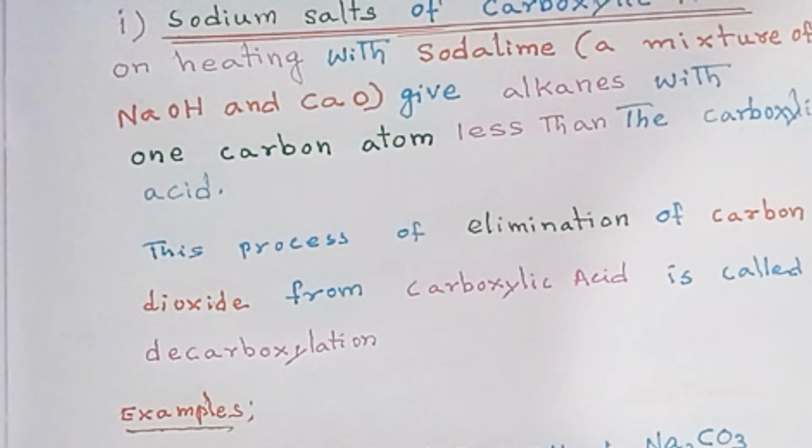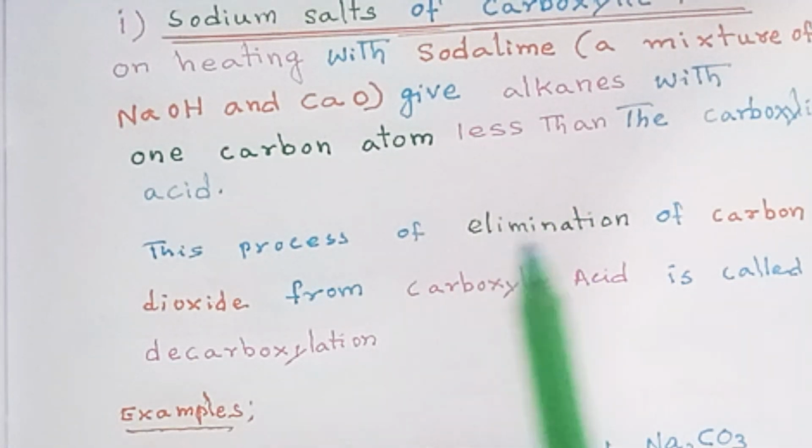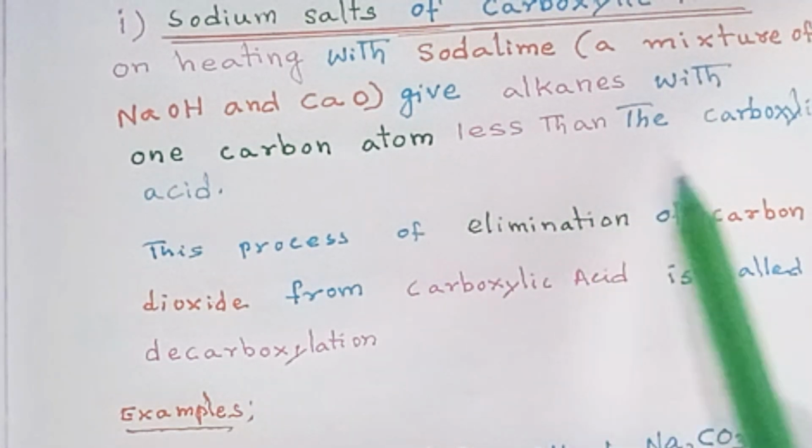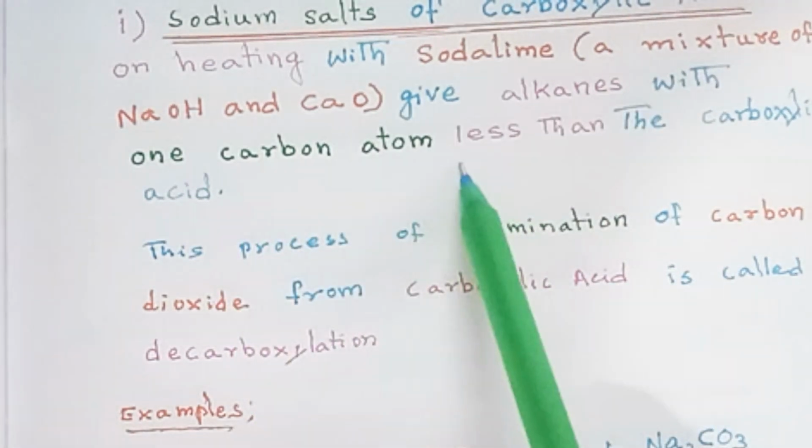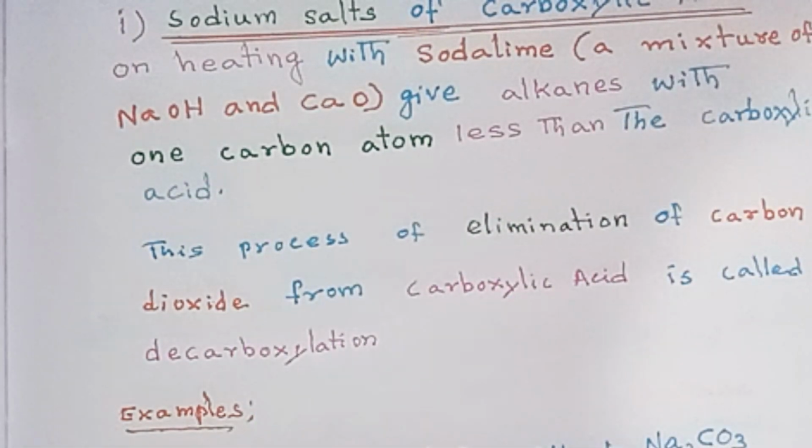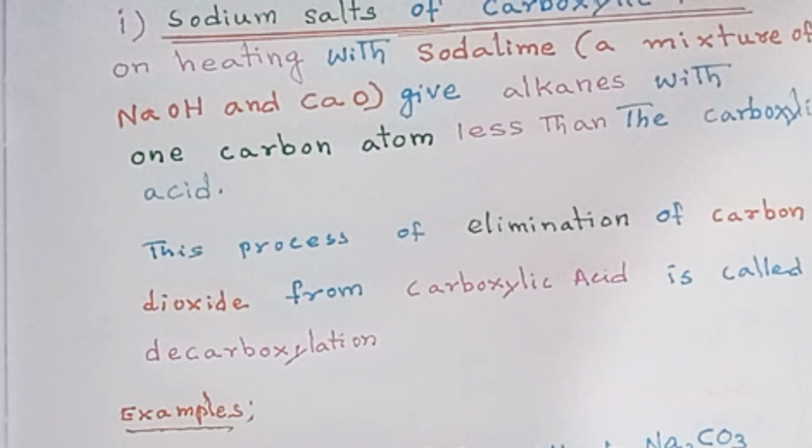So, as we said earlier, this gives an alkane with one carbon atom less than the carboxylic acid. This carboxylic acid has two carbon atoms, and this alkane has only one carbon atom. So, this is how it happens.